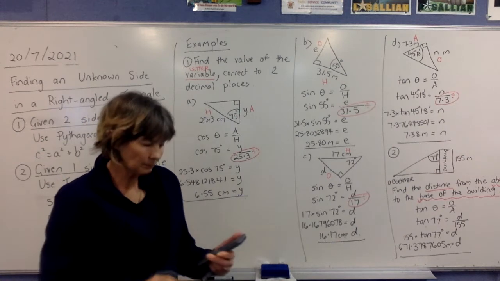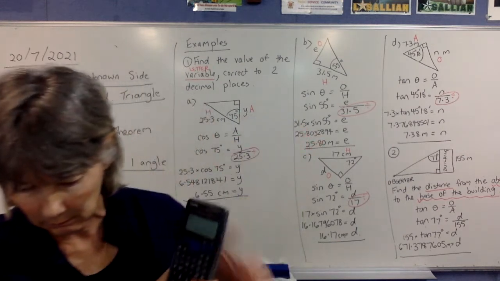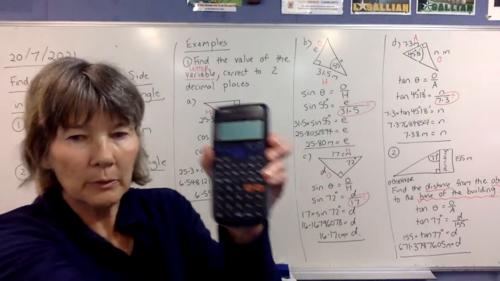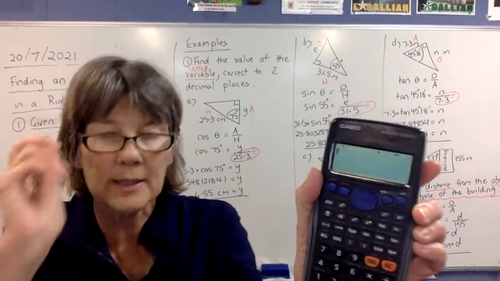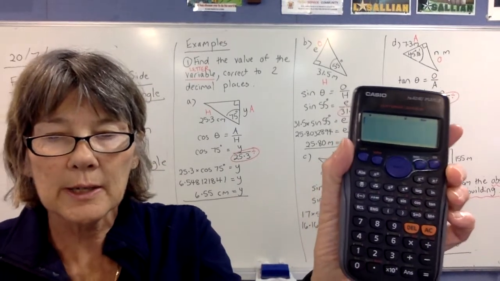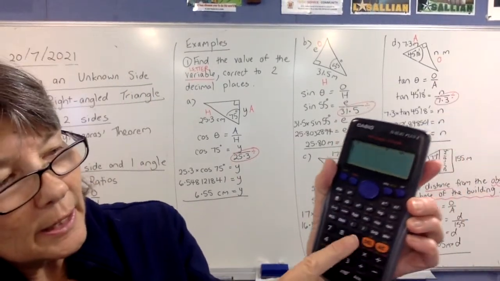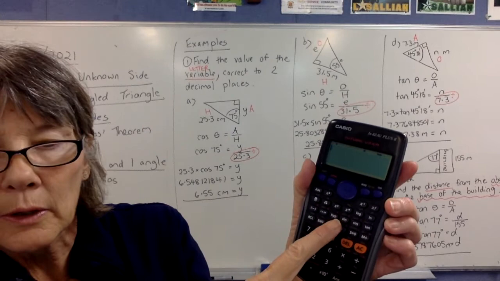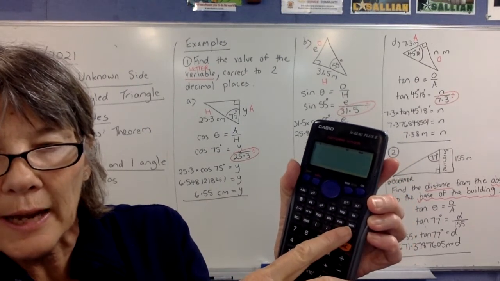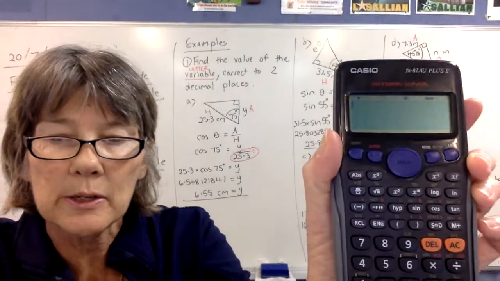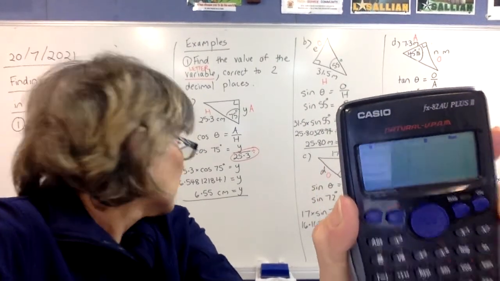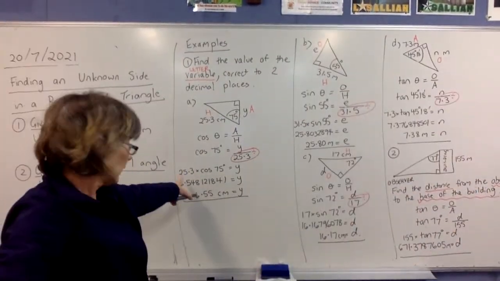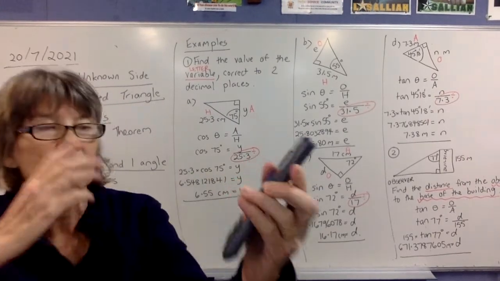Now, looking at your calculator. When you look at your calculator, you need to find where your sine, cos and tan keys are. If you have a look at your calculator, here in the middle row, you have sine, cos and tan. They're the keys we're going to be using. To do this question here, we're doing 25.3 times cos 75.